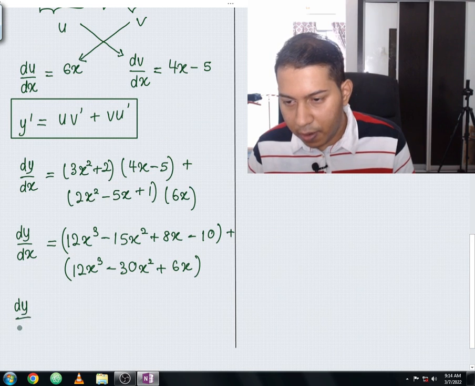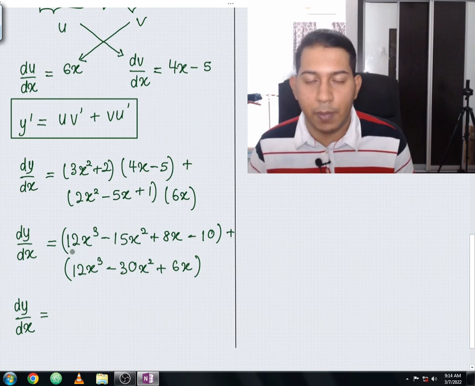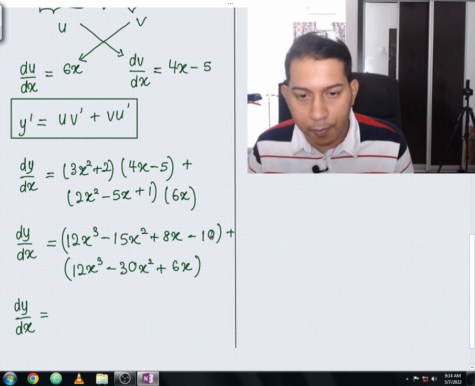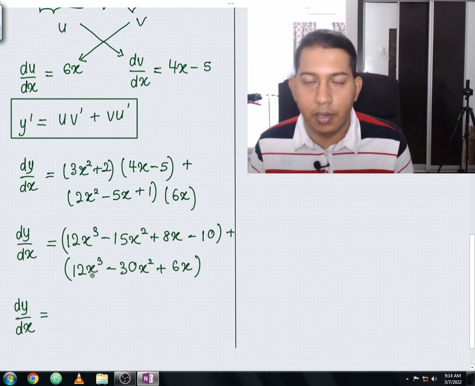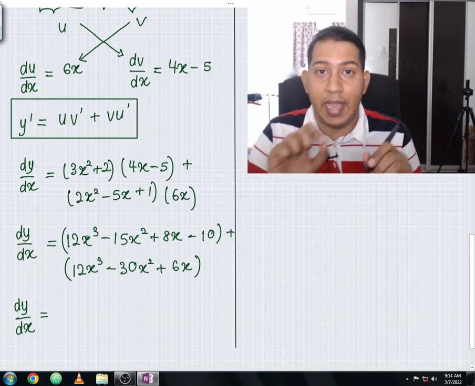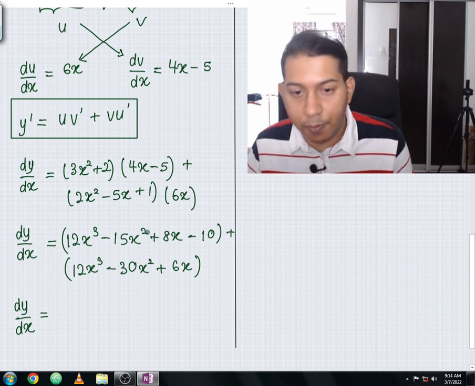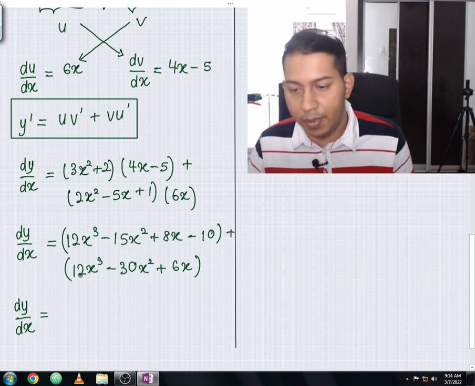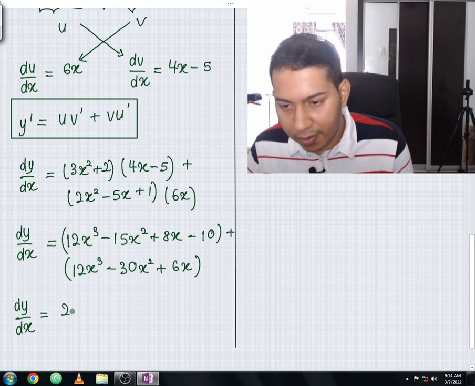So from here your dy over dx, start to solve the highest power first. 12x cubed, sorry guys, it's 12x cubed, plus 12x cubed gives 24x cubed.